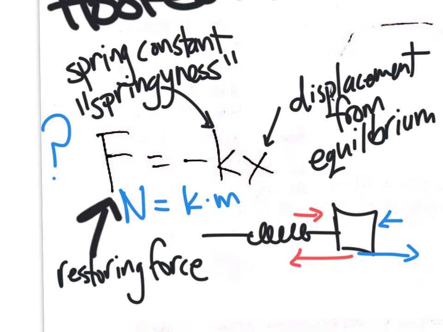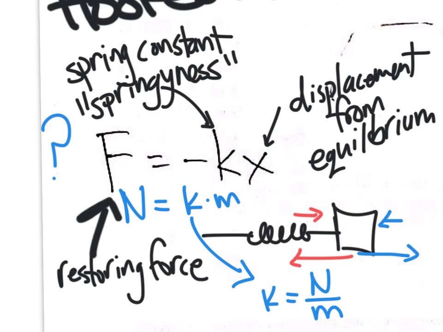So k has units of newtons per meter. It's a measure of how much force the spring exerts when we stretch it by a certain amount. A typical spring constant, for the little springs that we're going to use in class, is something like 50 newtons per meter.